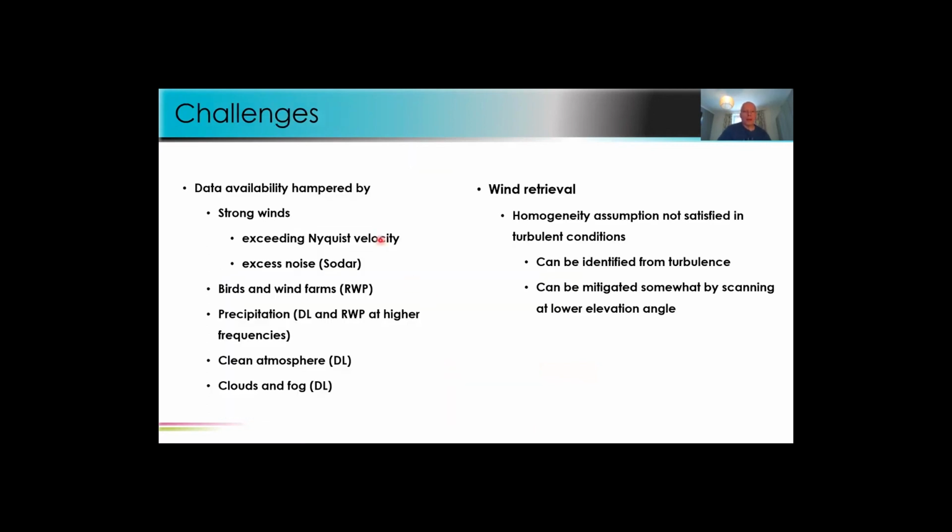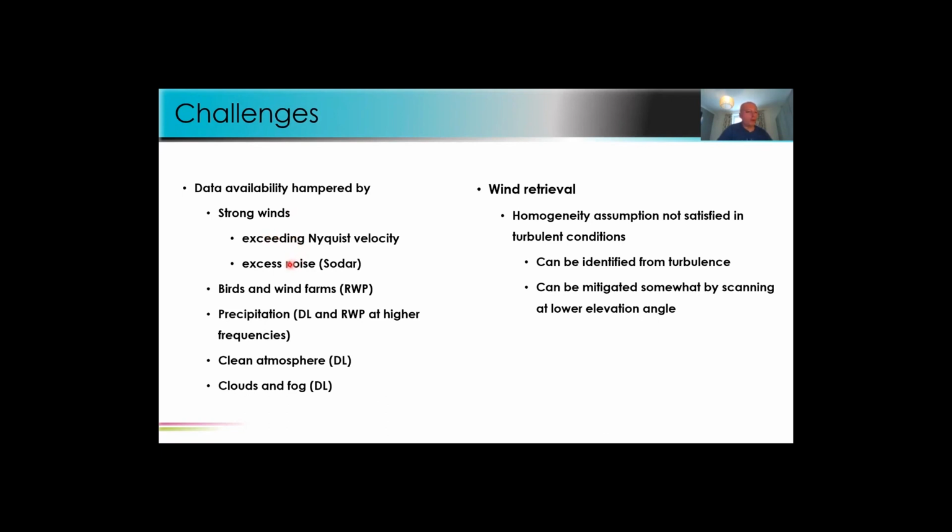Okay, so what are the challenges for most of these? Generally, these instruments operate 24/7, continuously, and there's not really any issues with regards to keeping them operating. It's just the actual data availability might be hampered by strong winds. So if you have very, very strong winds, then you might exceed the measurement range of the instrument.